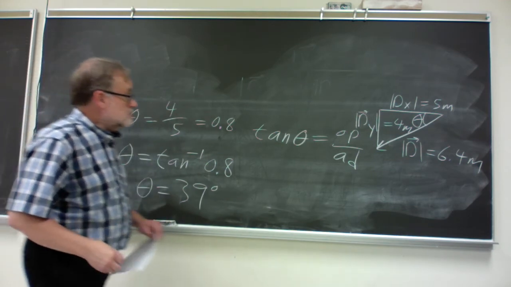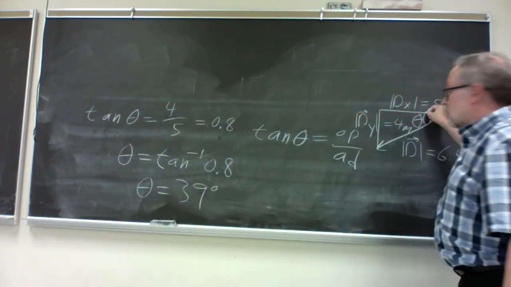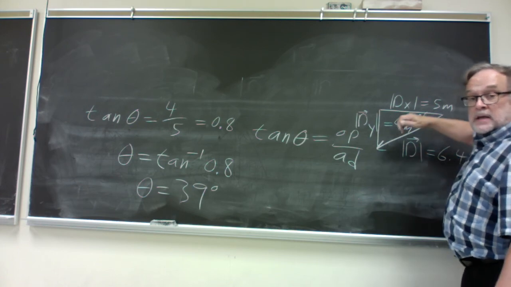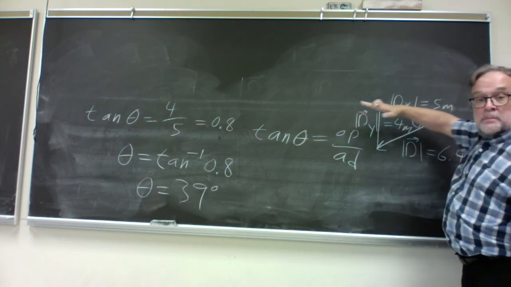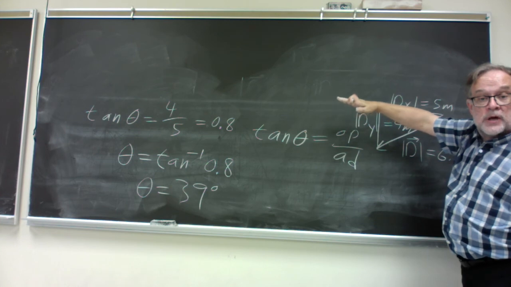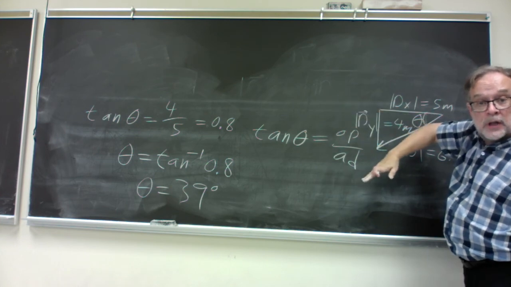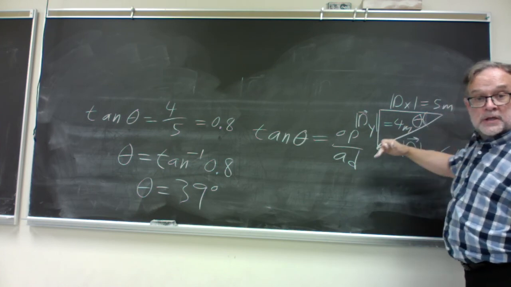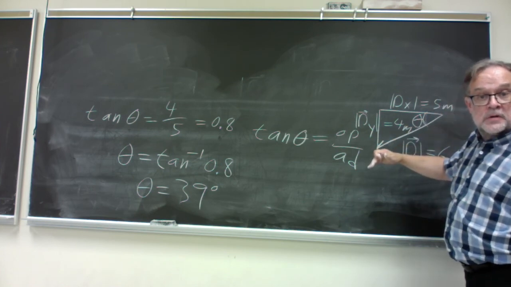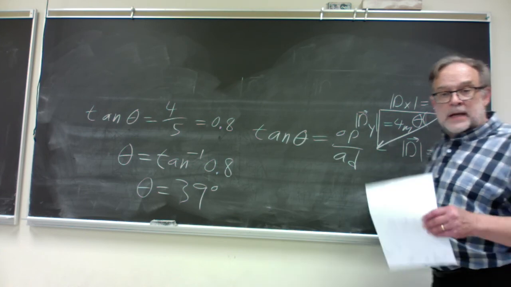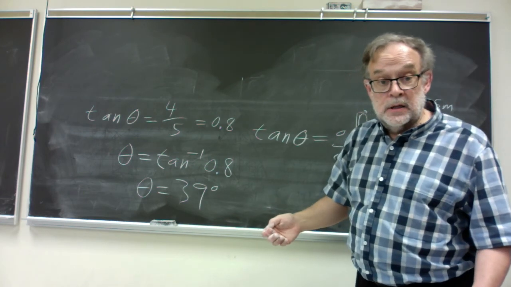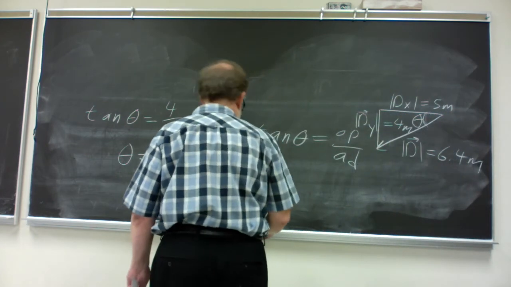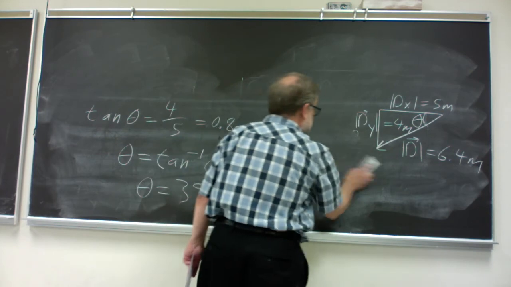So this angle here is 39 degrees. And specifically, if you're pointing, say, in the negative x direction, and you rotate counterclockwise by 39 degrees, then you're pointing in the direction of displacement d. So to be absolutely complete about what the direction is, we will say it this way.